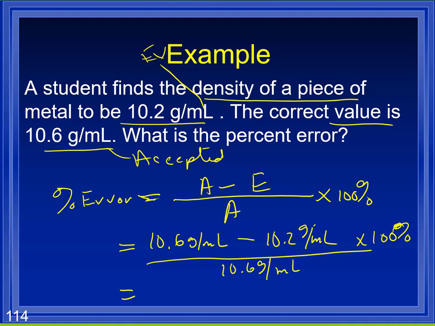Now, if you just push these buttons on your calculator, you're going to get a bizarre answer. So 10.6 minus 10.2 divided by 10.6 times 100 equals. And my calculator says negative 85.6.